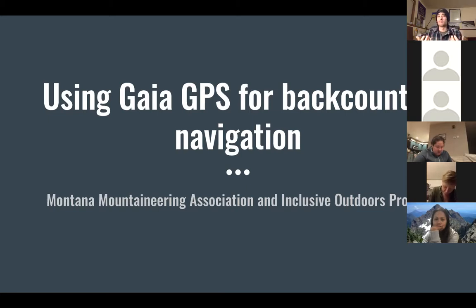Like I said, there's a huge map catalog, including topographic, satellite maps, some National Geographic maps, as well as layers from avalanche centers and other agencies. You can download maps so you can use them offline, which is great because a lot of the places that we go don't have cell phone service.